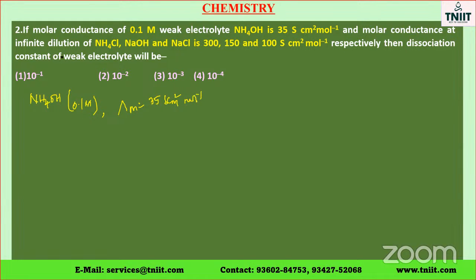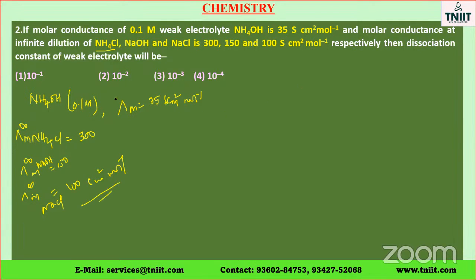Ammonium hydroxide is a weak electrolyte, and the concentration they've given is 0.1 molar. The molar conductance at infinite dilution of ammonium chloride, lambda m, is 300. Likewise, the molar conductance of NaOH at infinite dilution is 150. And for sodium chloride, NaCl, they've given us 100 Siemens centimeter square per mole.